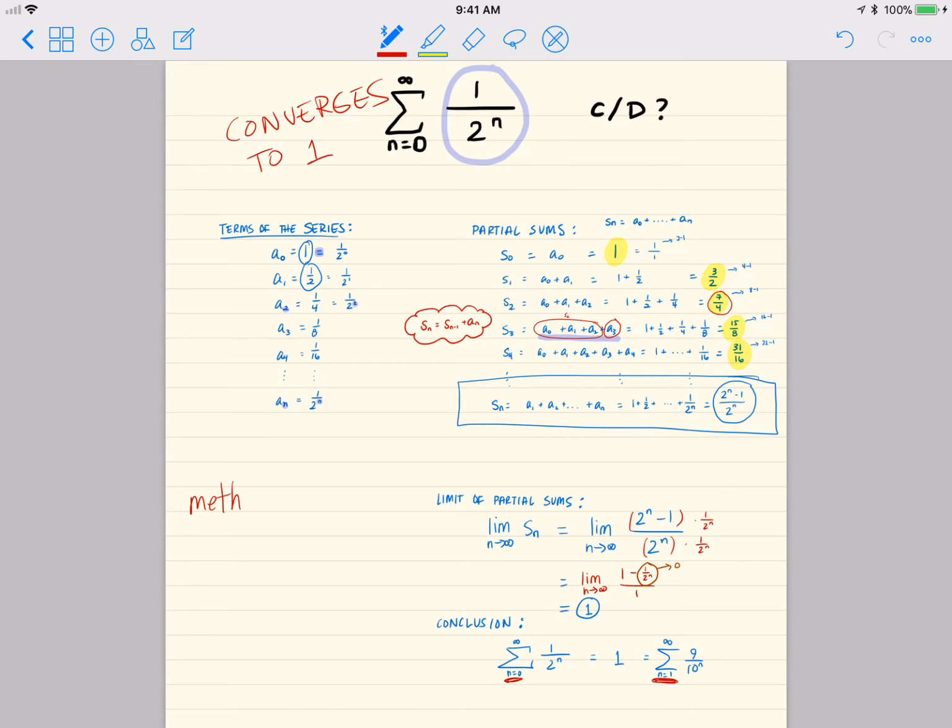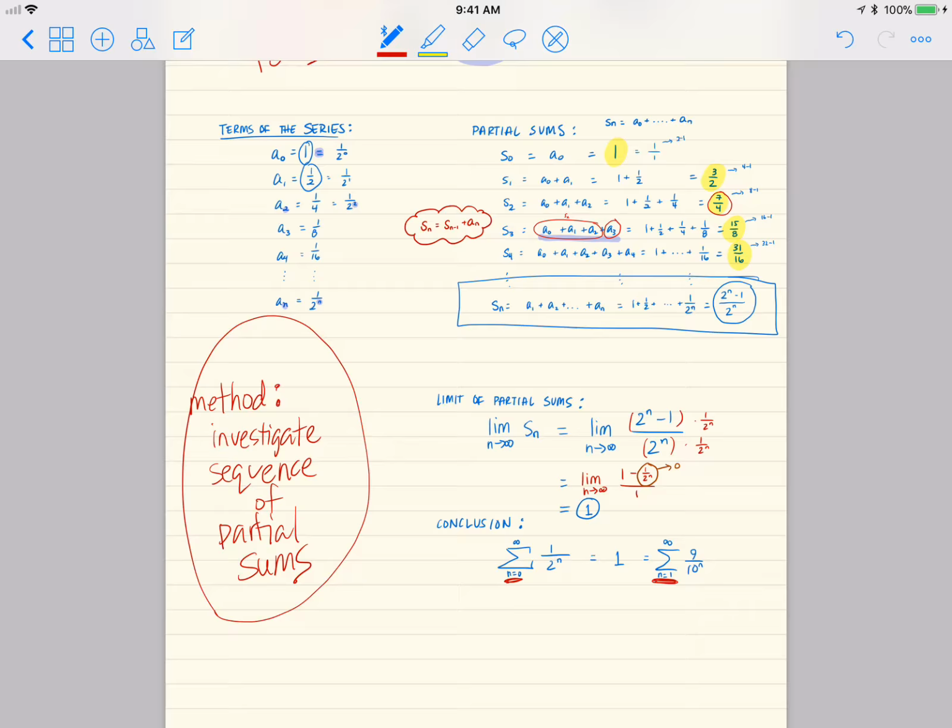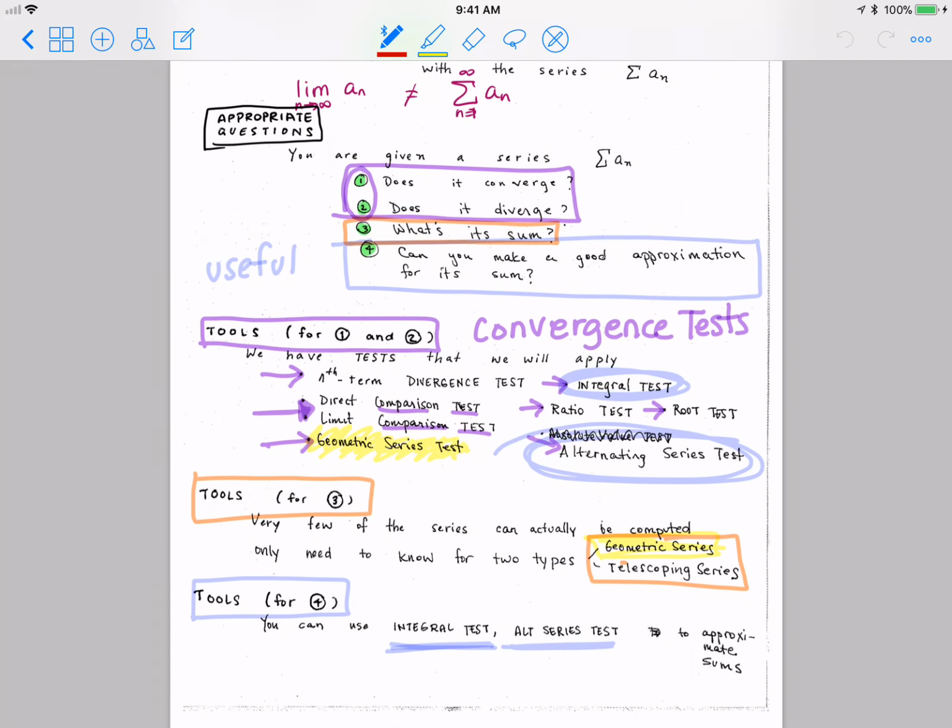And we've done this by looking at the sequence of partial sums. So our method was to investigate the sequence of partial sums. And as we said before, investigating the sequence of partial sums can be time consuming, right?